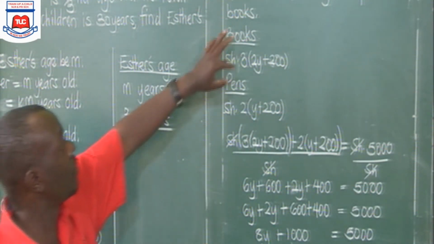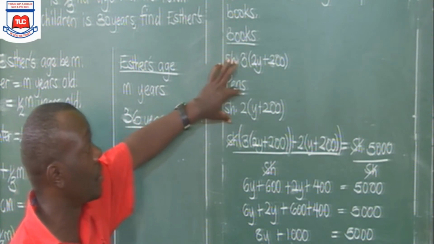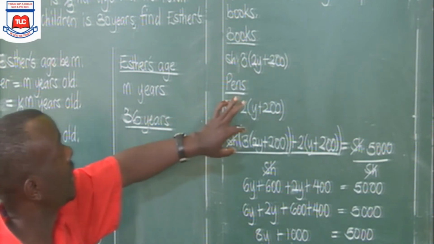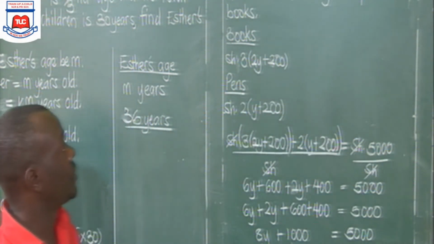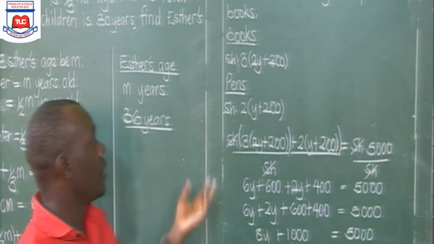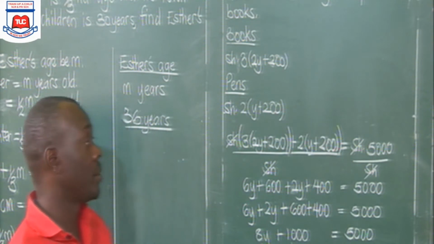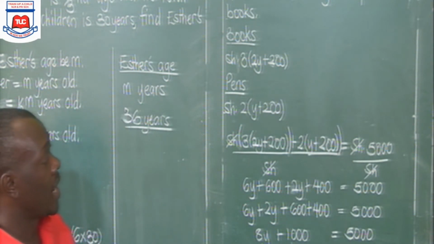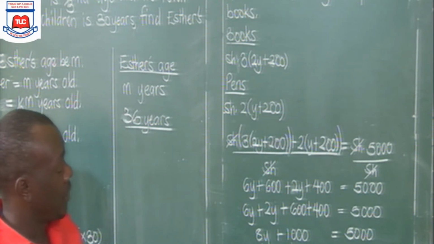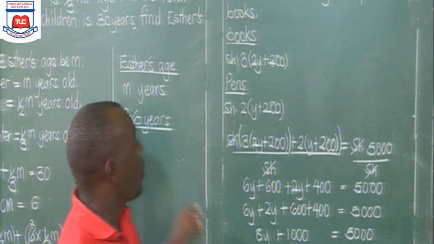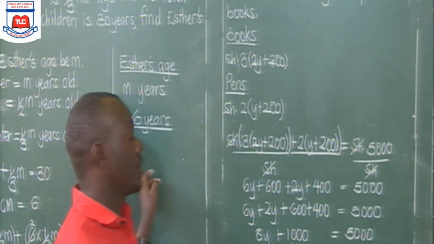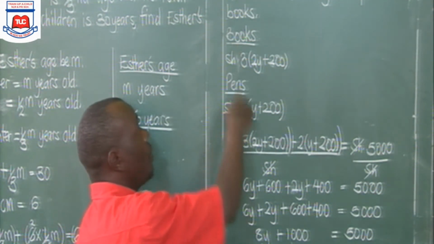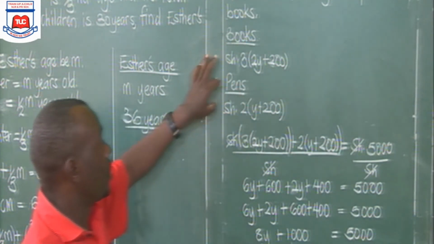So the cost of 3 books plus the cost of 2 pens gives rise to a total given as 5,000 shillings, thereby forming an equation of algebra which we are going to work out to find the value of y. So we form the equation by addition of the 2 costs, that of books plus that of pens.